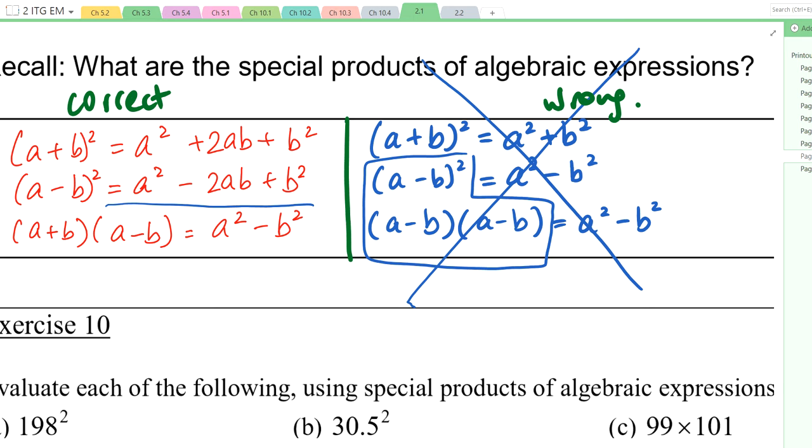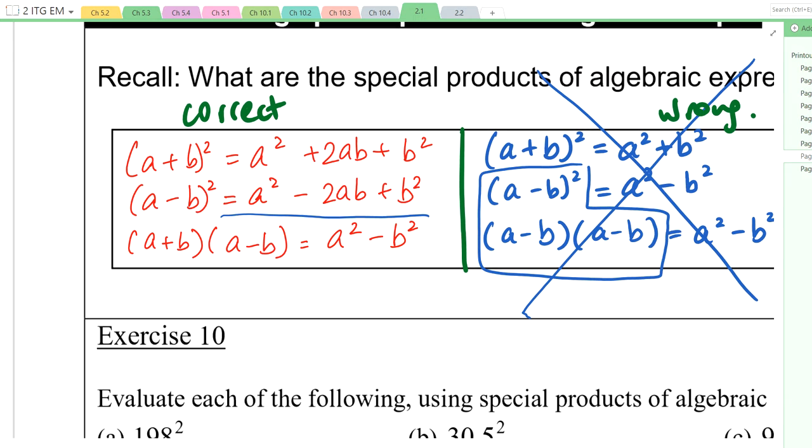That one is wrong. Then the third common mistake is that a minus b times a minus b also equals a square minus b square, which is also wrong. Okay? Any questions? If you are confused by all these wrong ones, then you can just ignore it and make sure you get the correct ones correct. Okay? Any questions? If not, let's go on to the puzzles.